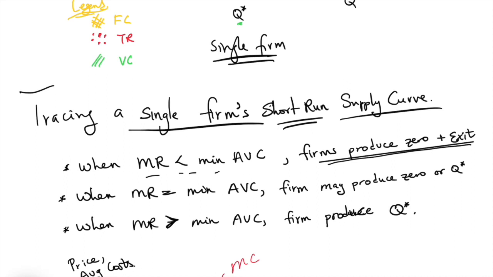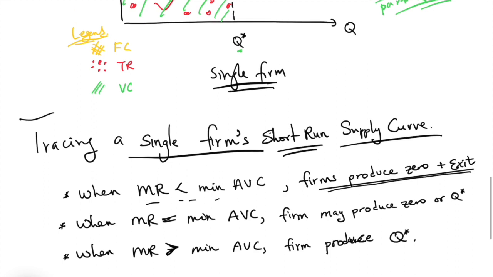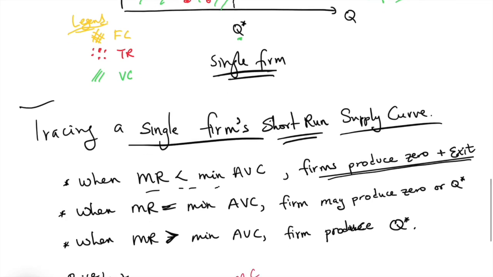When marginal revenue is equal to the minimum of the average variable cost, the firm may produce zero or Q star. This is where the firm can be indifferent, right? But when marginal revenue is above the minimum of that average variable cost, the firm should produce Q star.